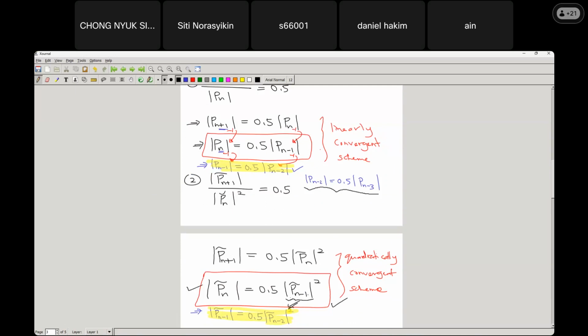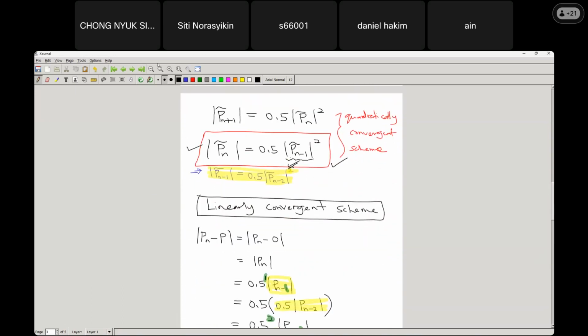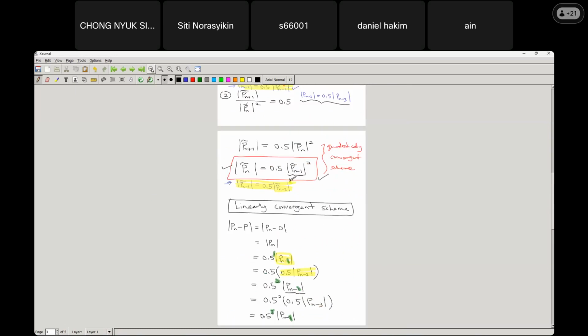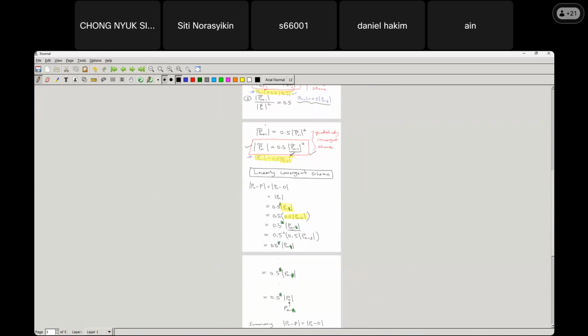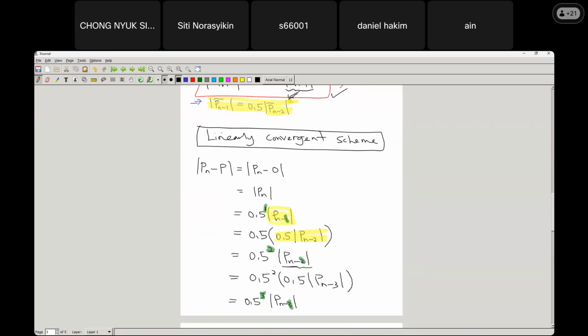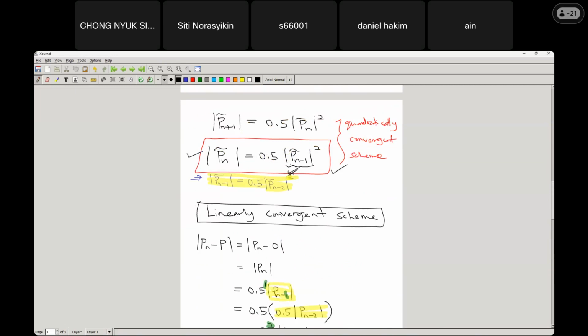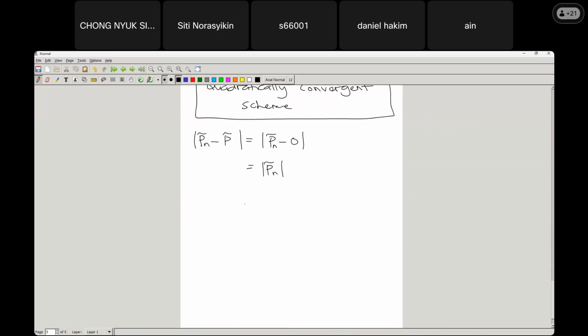Next, I'm going to substitute this term using this one. Let me minimize. Is it able for me to show you? I think it's too small, so I'm sorry, I cannot squeeze it in for you, but you just remember: your Pn tilde is equal to 0.5 Pn minus 1 tilde squared. So I'm going to substitute here. This is 0.5 Pn minus 1 tilde squared.